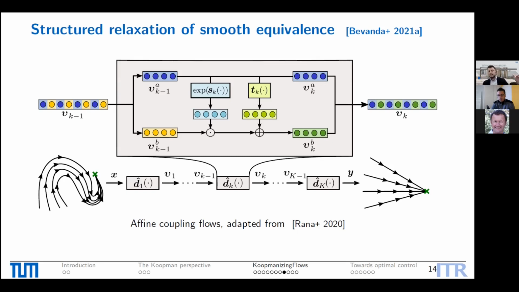In essence, in the splitting, one part is unchanged, it's just passed through, and the other one is translated and scaled, and they combine to exit to the output and then the input of the next coupling layer. This structure is quite nice because it's an outer structure that always ensures that we have diffeomorphisms, with S and T maps continuously differentiable.